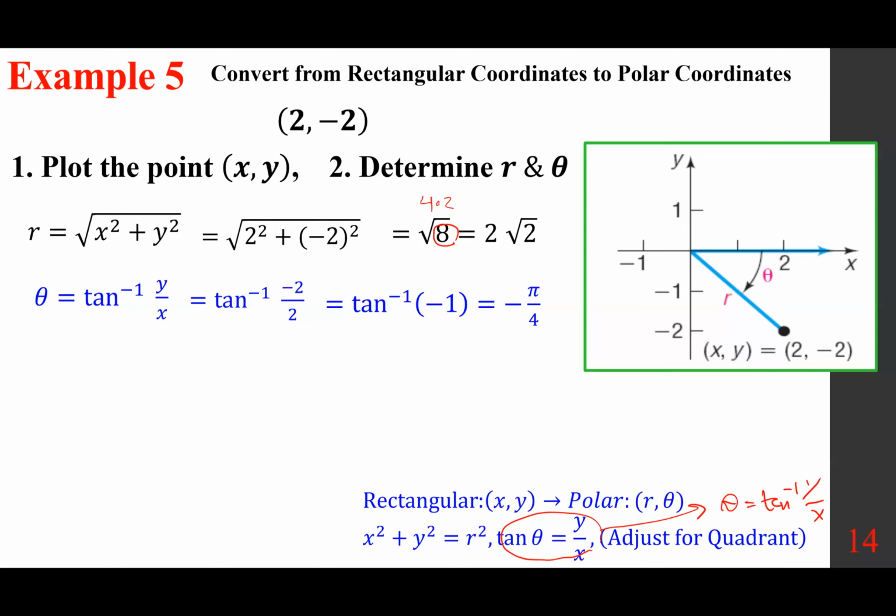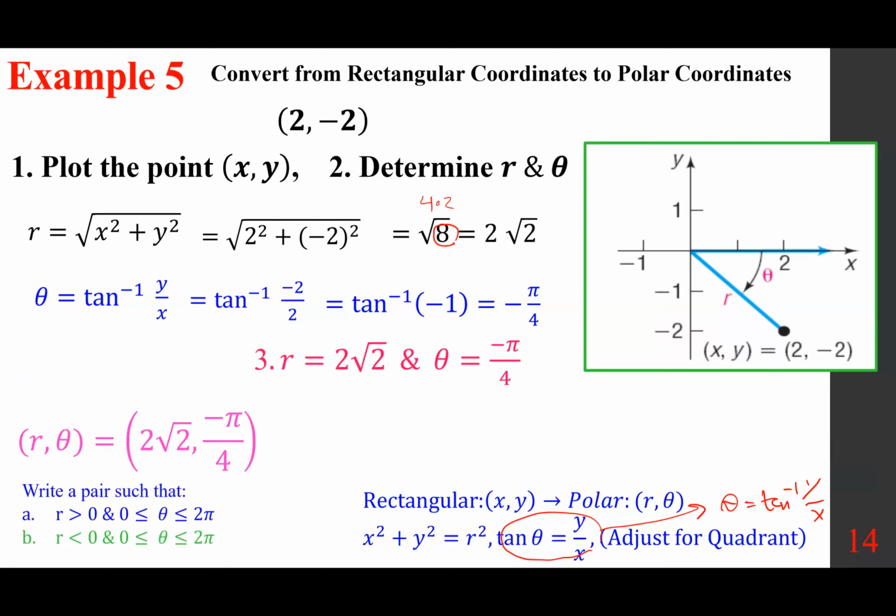So we found r to be 2 square root of 2, theta to be negative pi over 4, and this is a correct answer. However, we can write them differently if we are asked, for example, to write this pair such that r is positive.